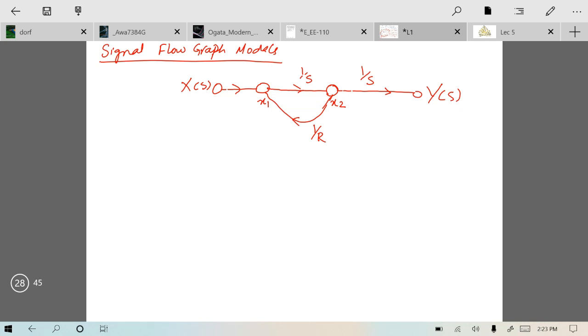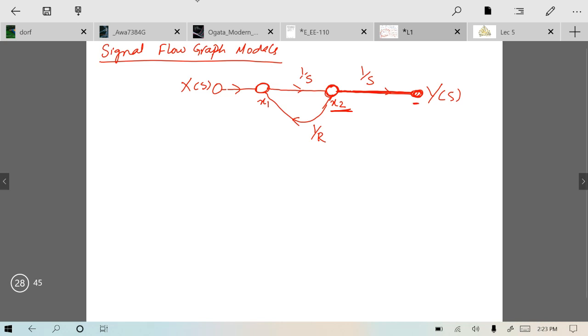So I have drawn a basic signal flow graph model. These round circles that I have drawn are called nodes, and the variable written next to each is a node variable. A line that joins these two circles, or these two nodes, is called a branch, and this branch indicates the dependency of output on input.